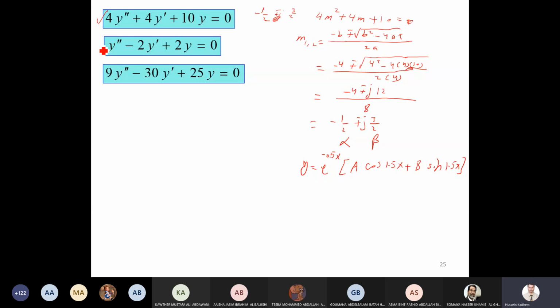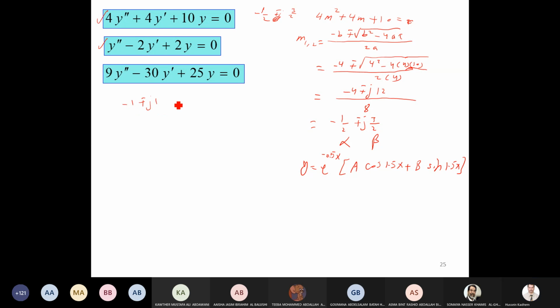Now can you solve the second one? Tell me how much m. Minus 1 plus minus j.